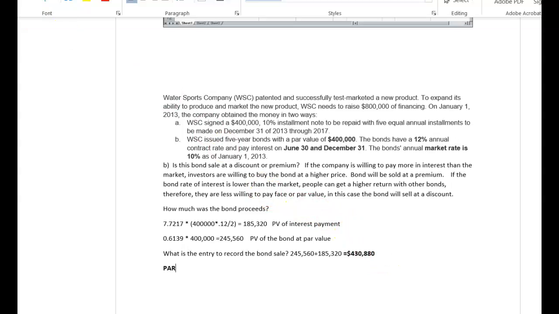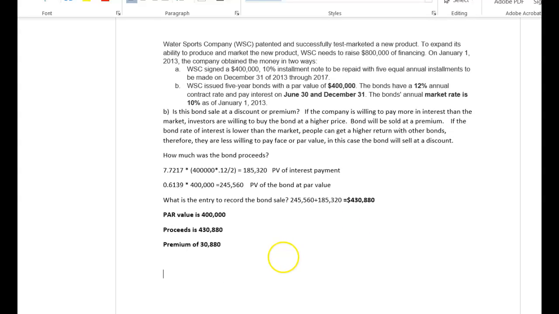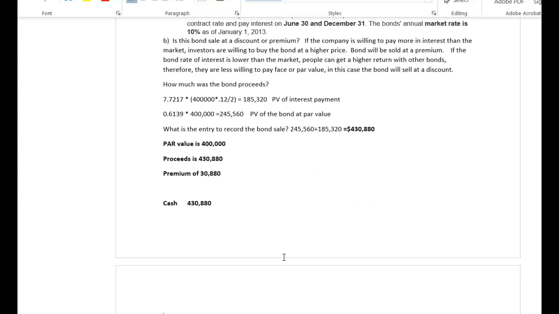Par value is 400,000. The proceeds is 430,880, which gives you a premium of $30,880. Now let's record this entry. We received cash, a debit of 430,880.